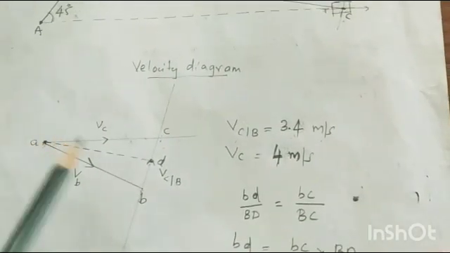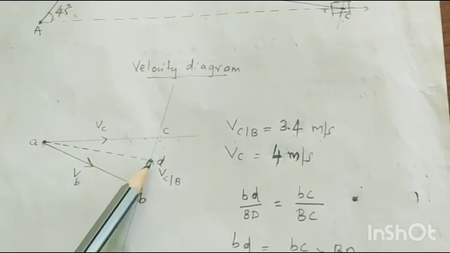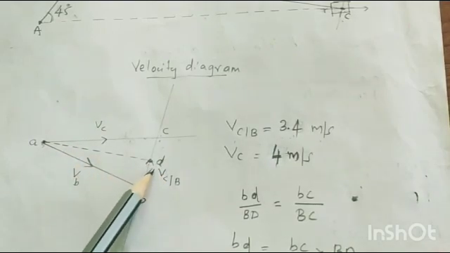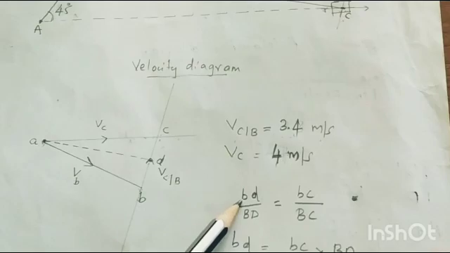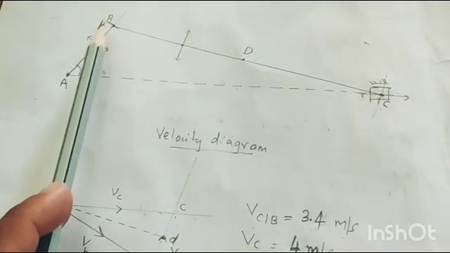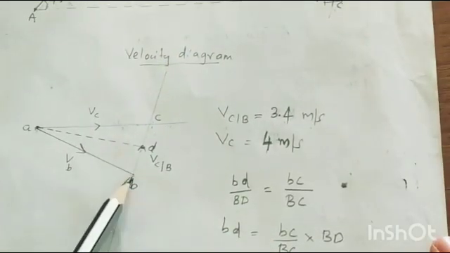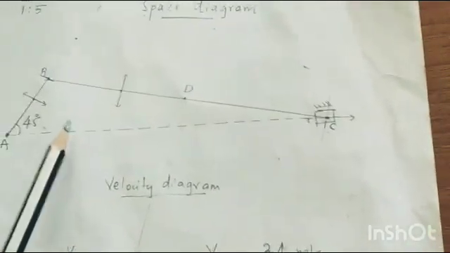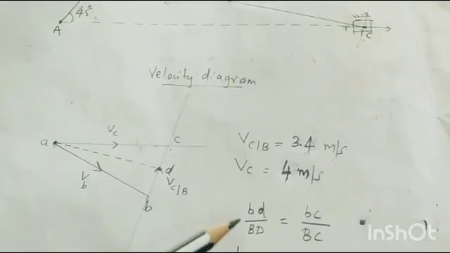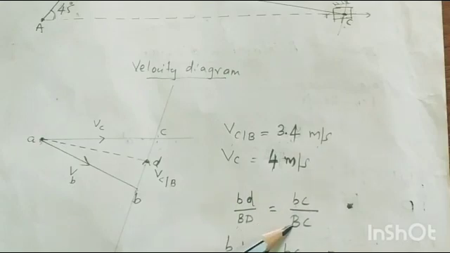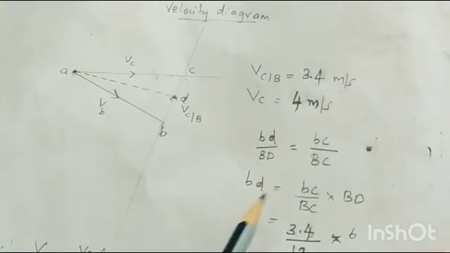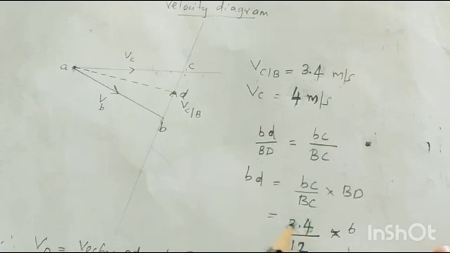That's why I'm assuming a point here, which is D. BD divided by BC is equal to small bd by capital BC. So you take this on the other side, you will get it like this.